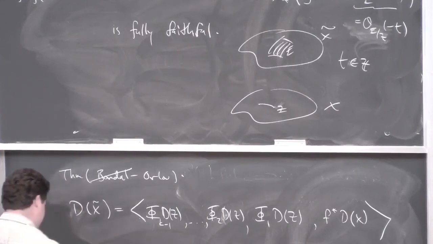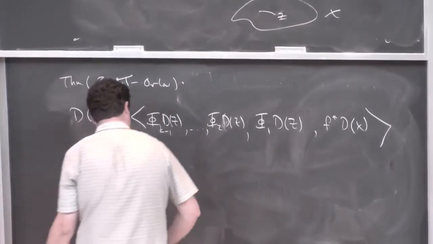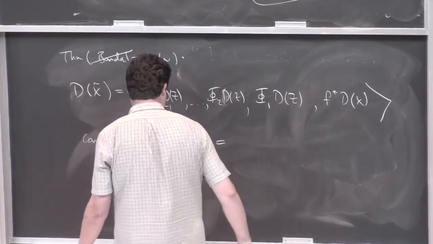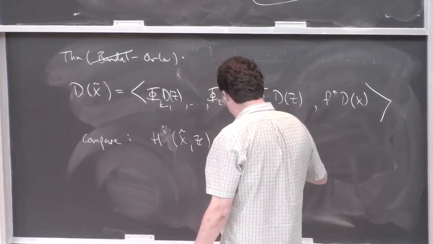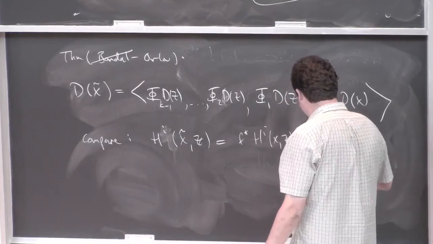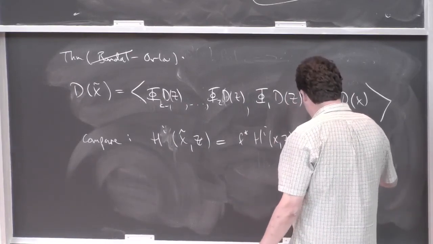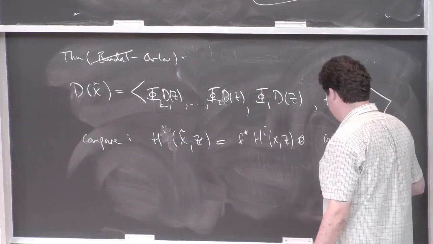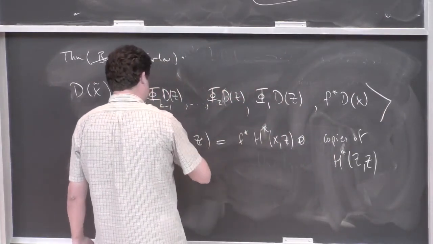And you should compare, by the way, that the cohomology of H of x tilde is the pullback of the cohomology of x, plus the sum from j equals 1 up to, or from 0, of copies of the cohomology of Z. Let me not try to get all the indices right, but it's exactly the same thing.